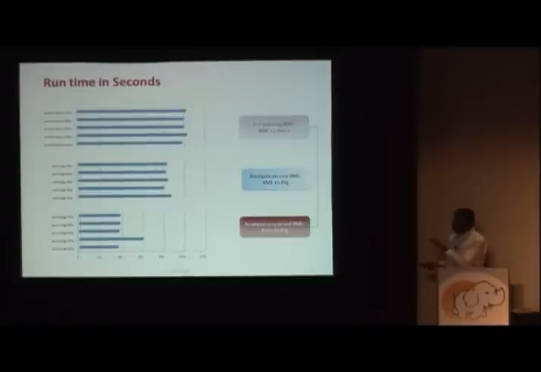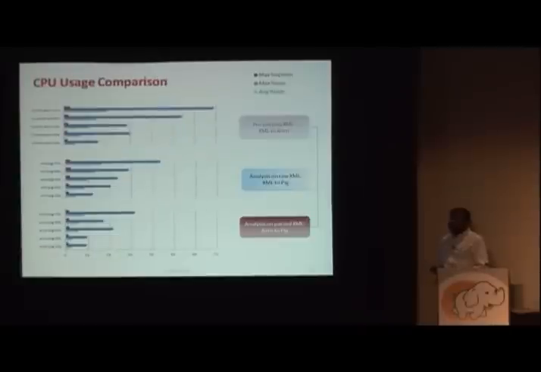Now, this is just one side of things in which we compare the runtime, but there is much more involved. So from a CPU usage perspective, this is just looking at a couple of things. One is the user time the CPU spends and the other is the system time. So clearly, if you look at it, the analysis on raw XML versus on the Avro or the pre-parsed XML is again roughly reduced by half.